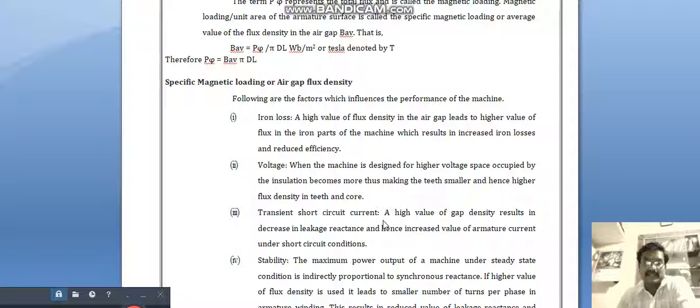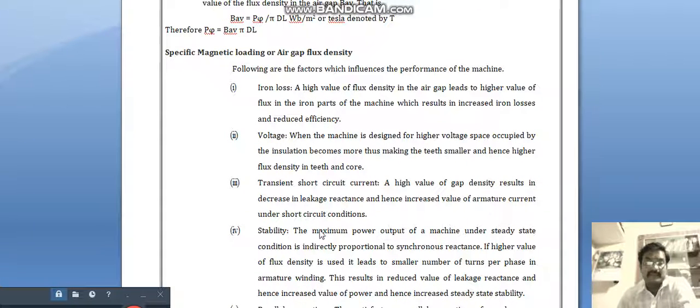Transient short circuit current. A high value of gap density results in a decrease in leakage reactance and hence an increased value of armature current under short circuit condition. If a short circuit occurs, then the armature current value will increase with a high value of magnetic loading. Stability. The maximum power output of a machine under steady state condition is inversely proportional to synchronous reactance.